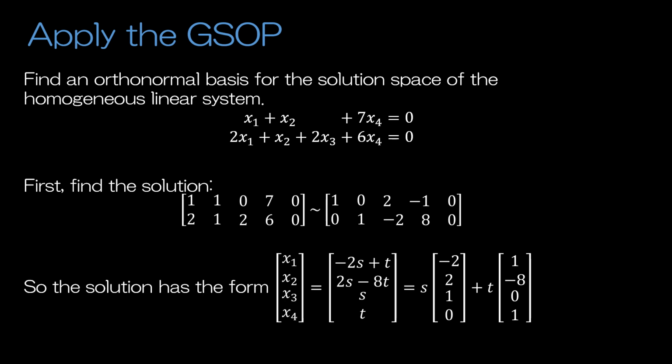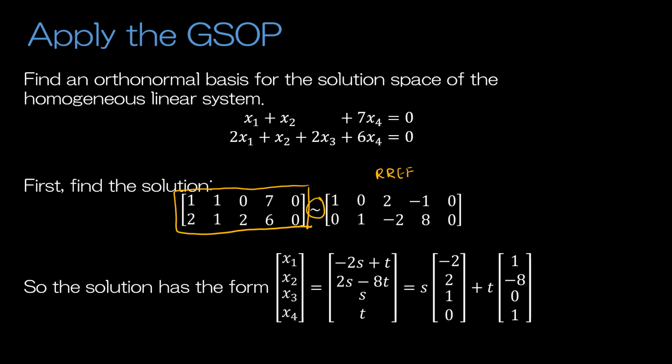So first thing I'm going to do is put those values into a matrix. x1 plus x2 plus 0x3 plus 7x4 equals 0, and 2x1 plus x2 plus 2x3 plus 6x4 equals 0, is represented right here in this matrix. I do some math magic to determine what this is in reduced row echelon form.